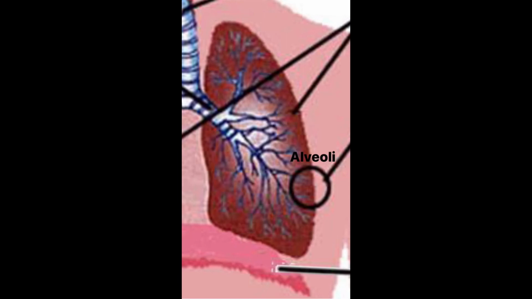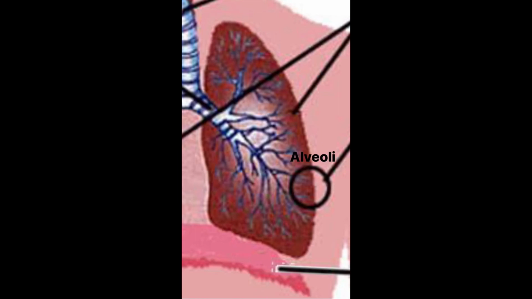The walls of alveoli are very thin and they are surrounded by very thin blood capillaries. It is in the alveoli that the gaseous exchange takes place. There are millions of alveoli in each lung. The gaseous exchange takes place between the blood and the air, and the gases which are exchanged are obviously oxygen and carbon dioxide.